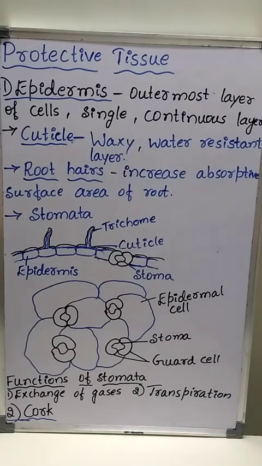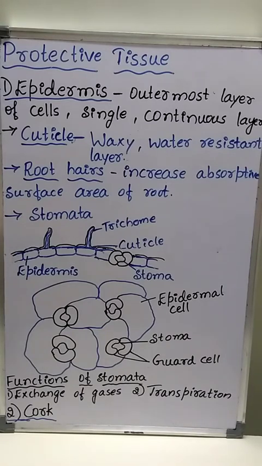In mesophytic plants, the cuticle is thin, because there is no need to protect the water which goes out of the plant body by transpiration, since sufficient water is available.